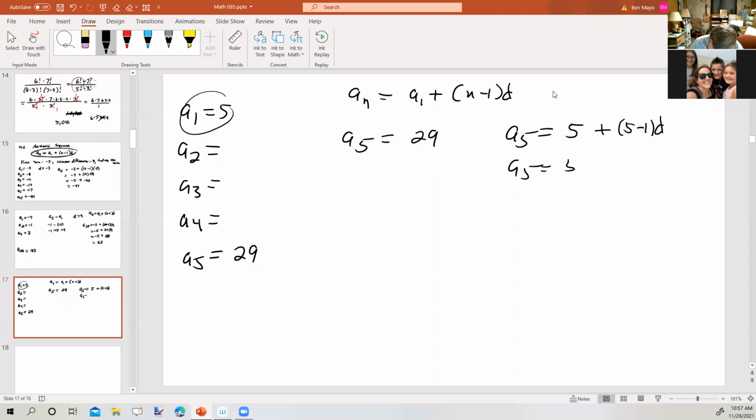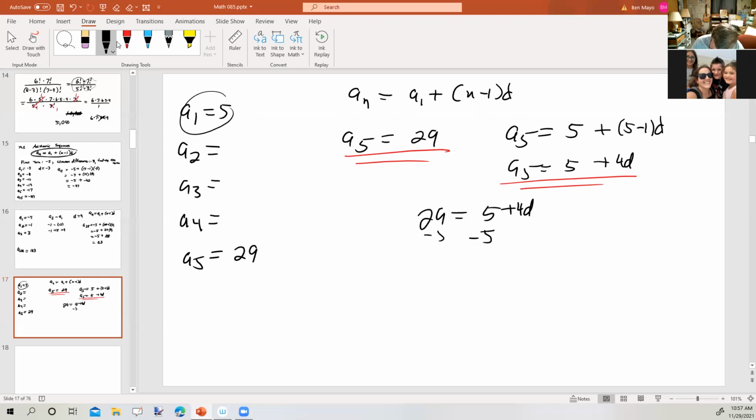So a sub 5 equals 5 plus 4d. Well, since a sub 5 equals 29 and a sub 5 equals 5 plus 4d, 29 equals 5 plus 4d. Subtracting 5 from each side, 24 equals 4d, divide by 4, d equals 6.